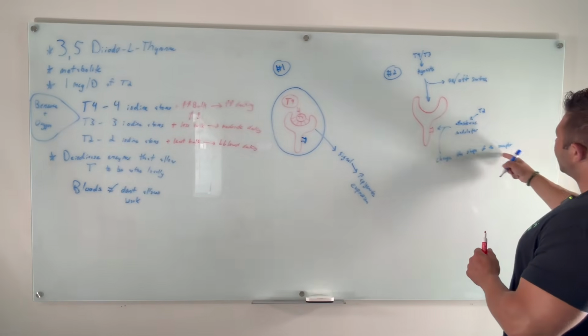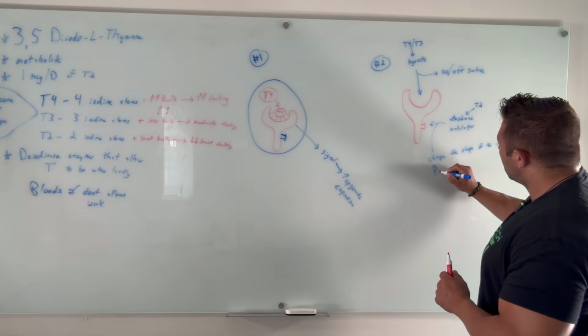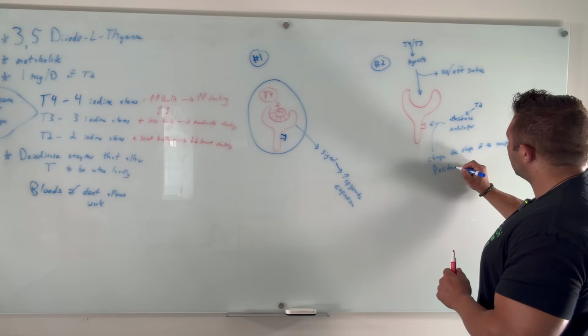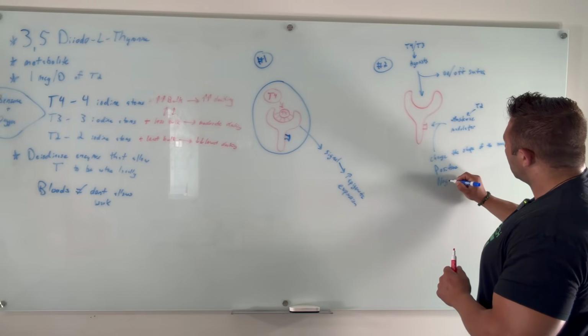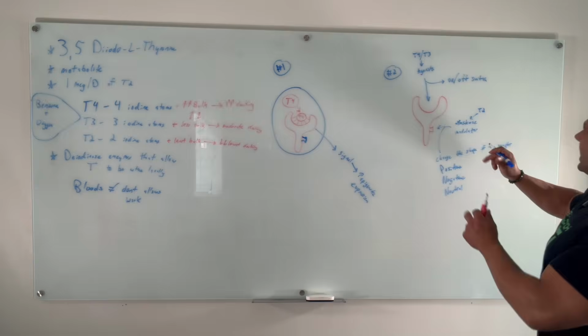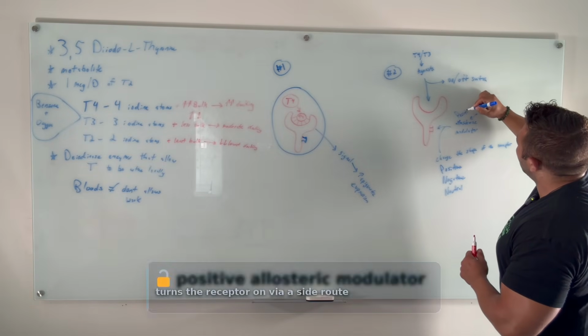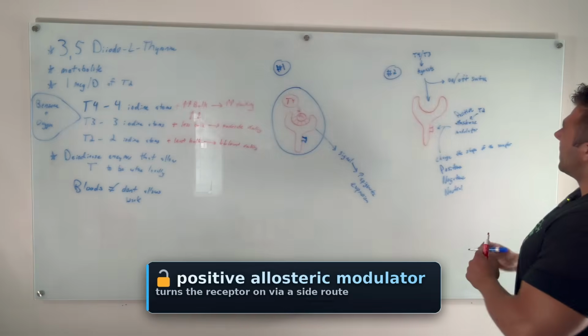Now, while it's changing the shape of the receptor, it can be a positive, negative, or a neutral allosteric modulator. Now, T2 happens to be a positive allosteric modulator.